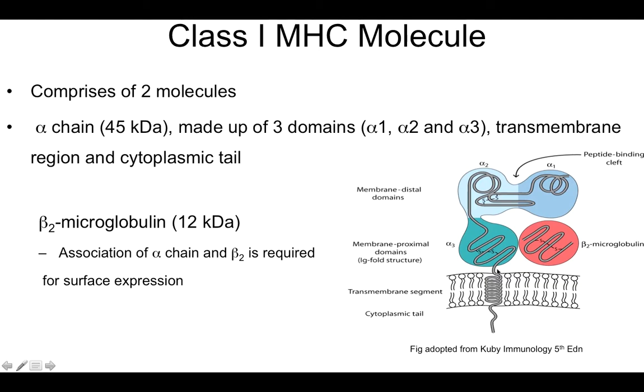Both these components, the alpha 3 domain and the beta 2 microglobulin, show folds which are similar to the folds that are observed in the structure of immunoglobulins, and therefore this particular glycoprotein is said to belong to the immunoglobulin superfamily of proteins.